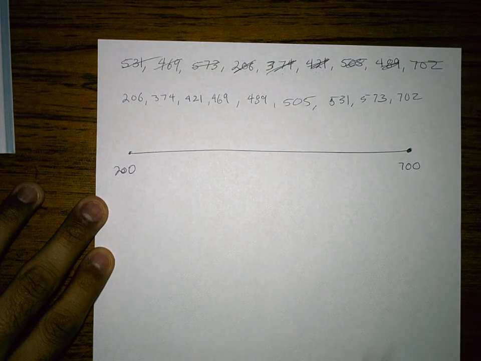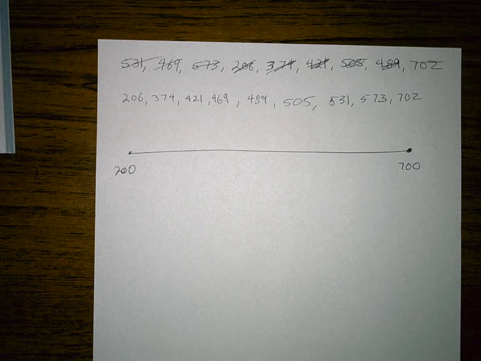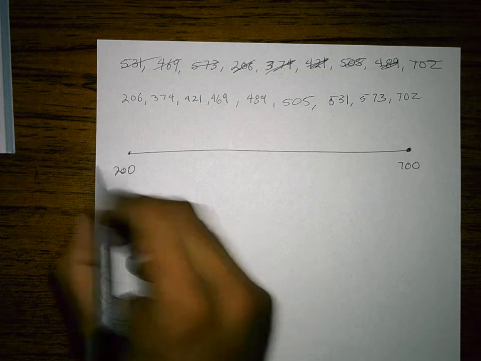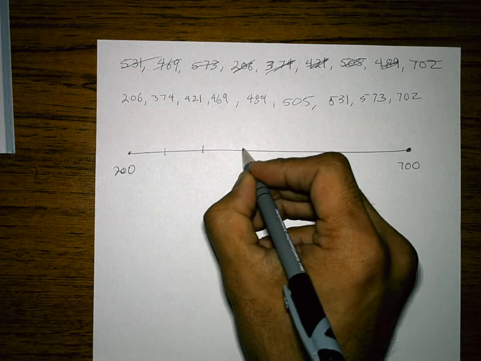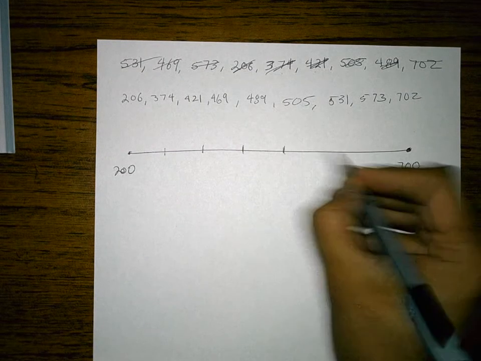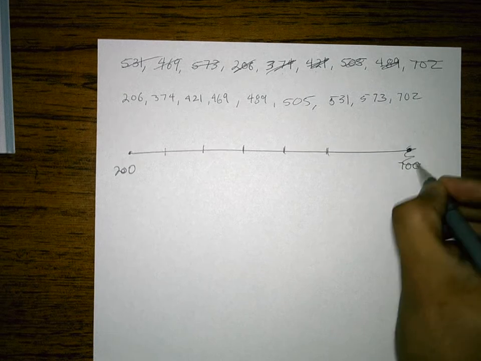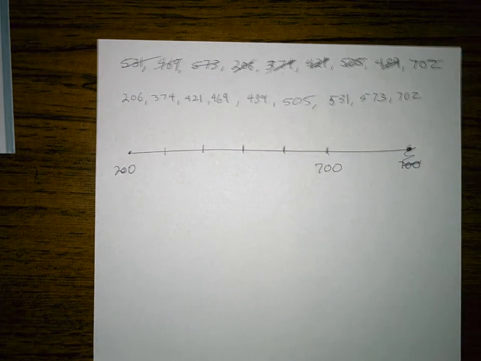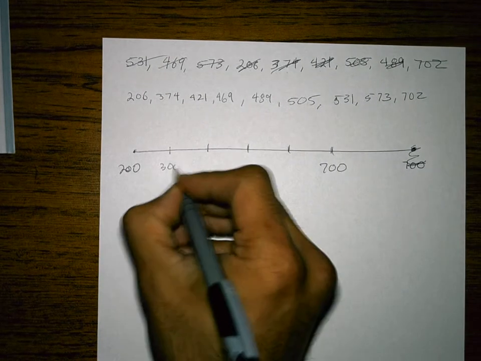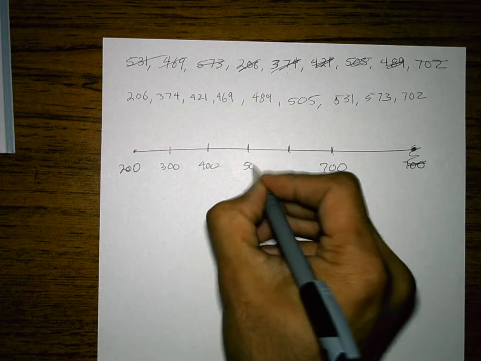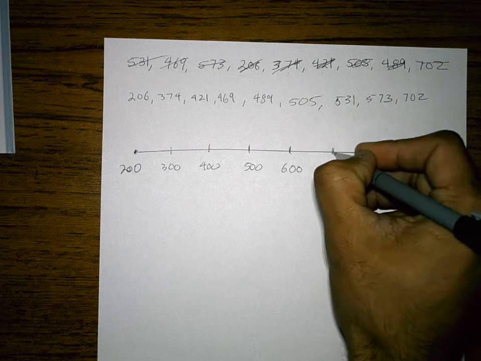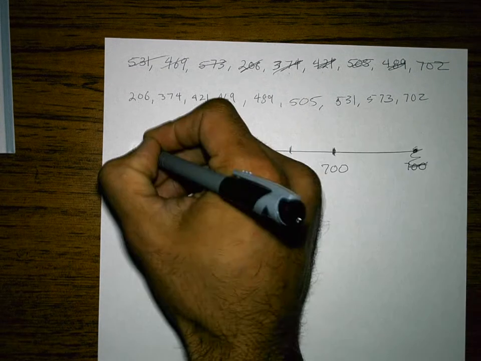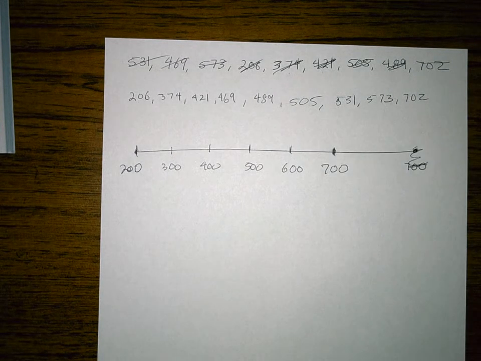Let's go a little bit above. Then in between there, 300, 400, 500, 600, 700. I'll adjust it a little bit: 300, 400, 500, and 600. So here's my number line that I'm going to create my box and whisker plot on.